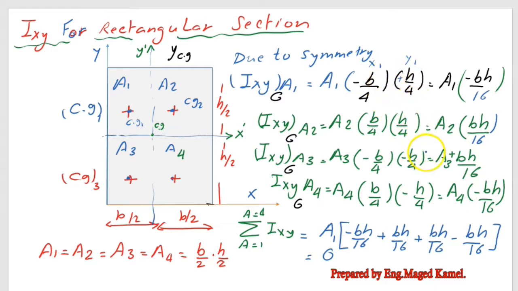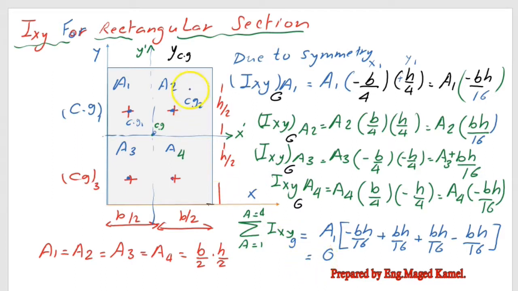So instead of A1, A2, A3, A4, we are going to write only one area, which is A1. If you add minus and plus, they are the same value and turn to 0. And again, we have plus and minus of the same value turning to 0. That's why A1, which is a big area, will be multiplied by 0. At the end, the summation of Ixy about g, the center of gravity of the rectangle, from a equal to 1 to a equal to 4, turns out to be 0.